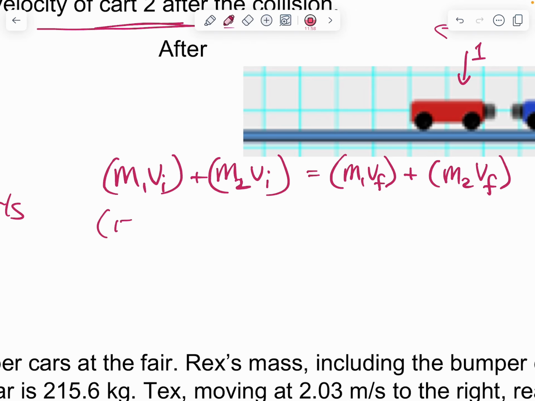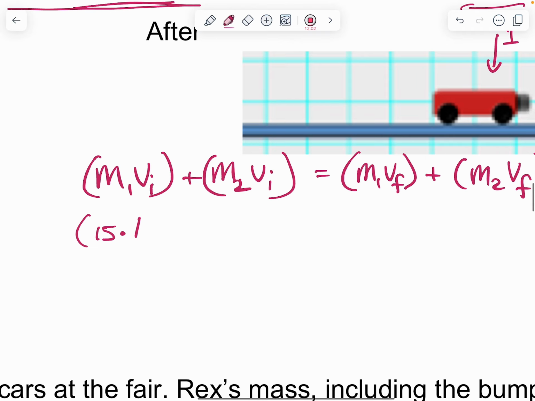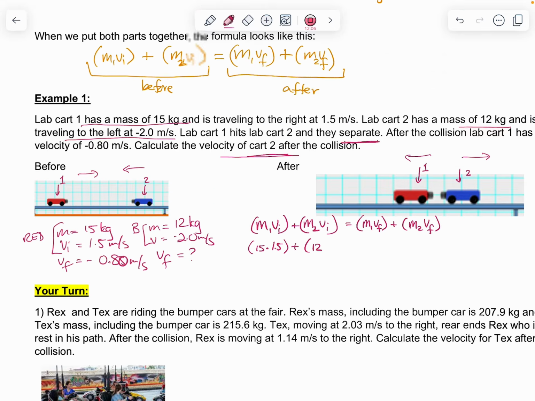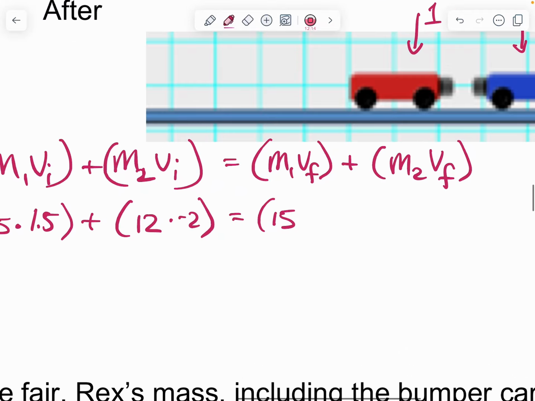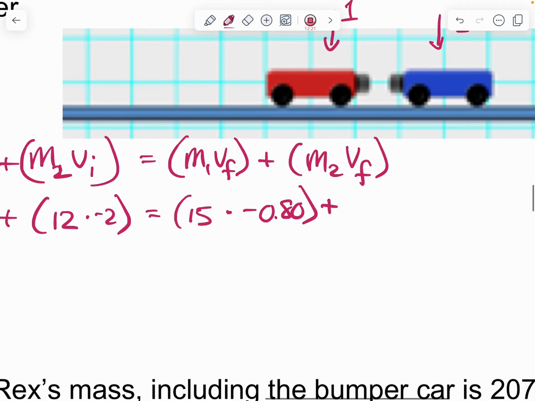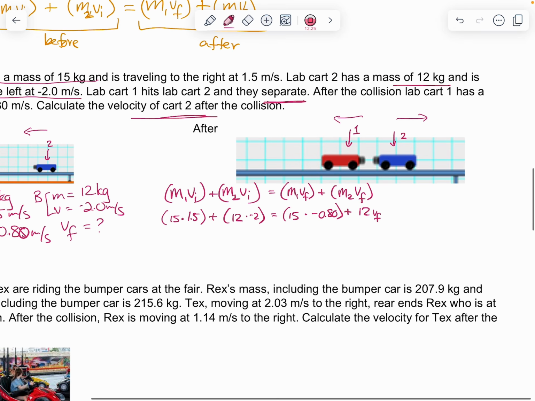So this is going to be 15 times 1.5 plus 12 times negative 2. And then my mass didn't change, so that's still 15 times negative 0.80 plus 12. And there's what I don't know at the very end.